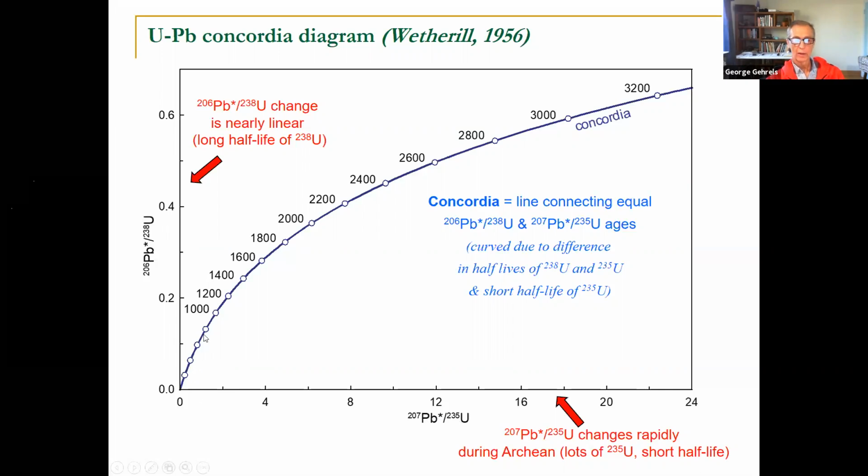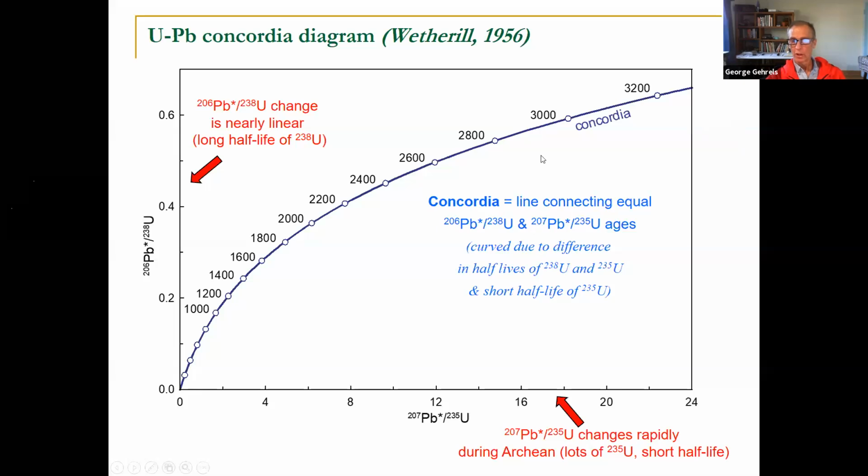And so the 207/235 age increases as you go out that way. And the Concordia line, this blue line here, is just the intersection of those 2 different chronometers as a function of time. So if you're right here, 2.8 billion years ago, that's the age that you would calculate from the 206/238 ratio, and that's the age that you would calculate from the 207/235 ratio.